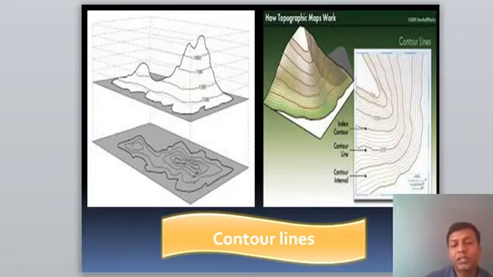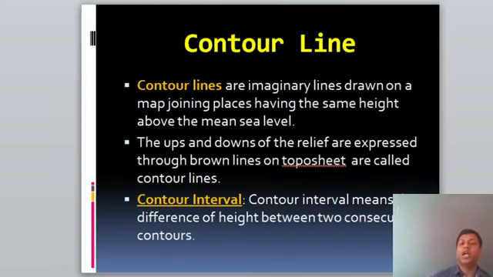So first we have to deal with what contour lines are. Contour lines are imaginary lines drawn on a map joining places having the same height above the mean sea level.